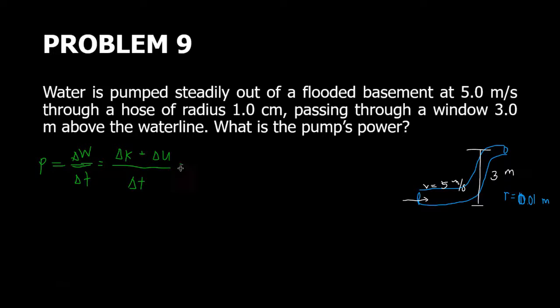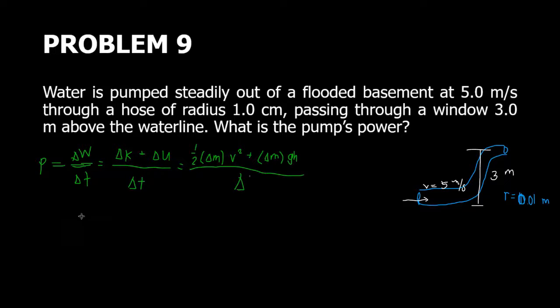So, what is the change in kinetic energy? Let's express this in terms of delta M. So, that's delta M. This is 1/2 delta M V squared plus delta M GH divided by delta T.